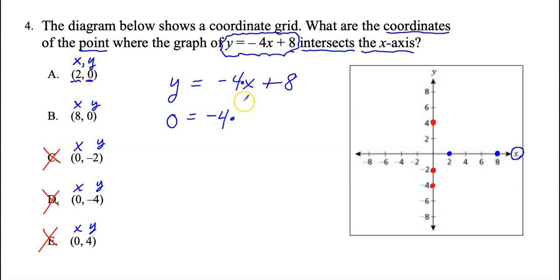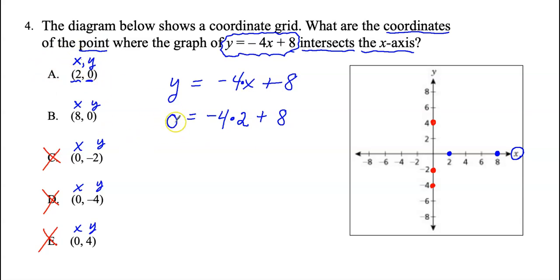Bring down your plus sign, bring down your 8. Now, when I evaluate the right-hand side, -4 times 2 plus 8, if I get out 0, it means I get a true statement, and A will be my answer.